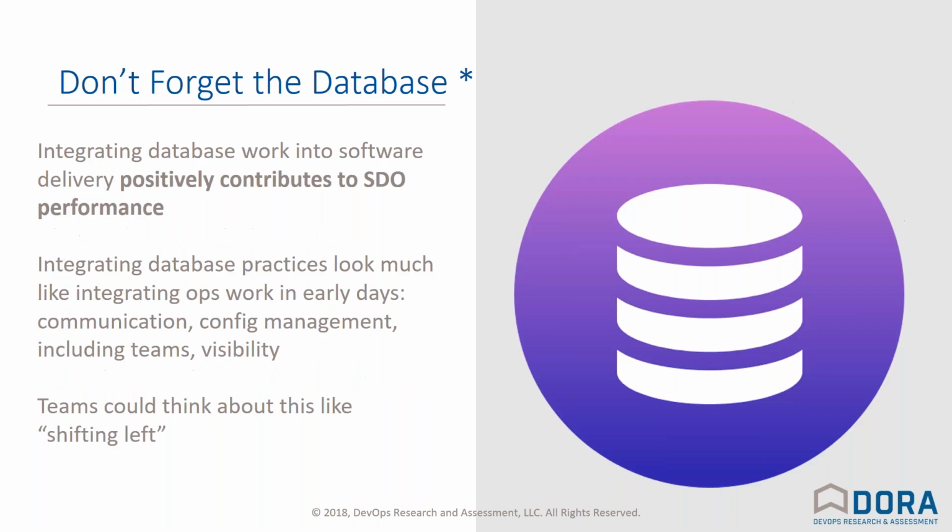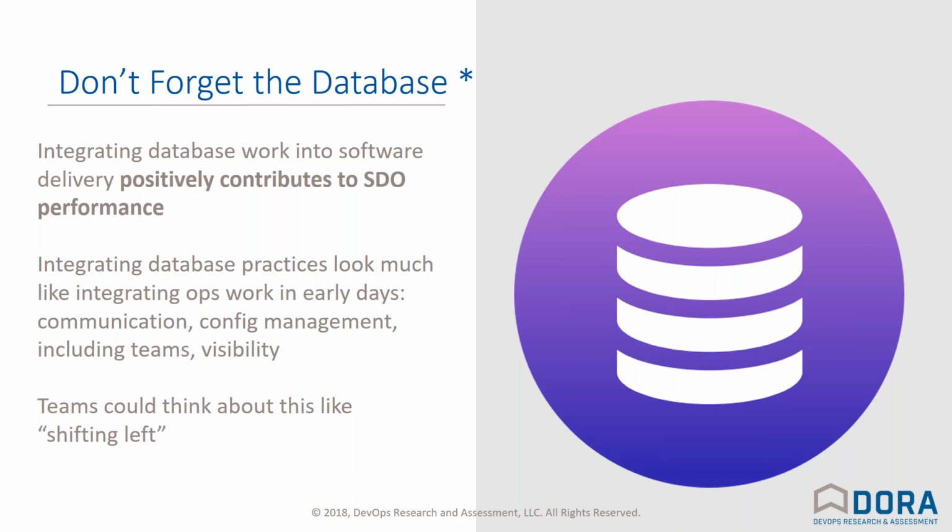Oh, here we go. The databases. We found decisively, for the first time, because we actually included databases in the State of DevOps report, that yes, integrating technical practice and cultural norms, treating DBAs as we would every other part of the value stream, does increase performance.